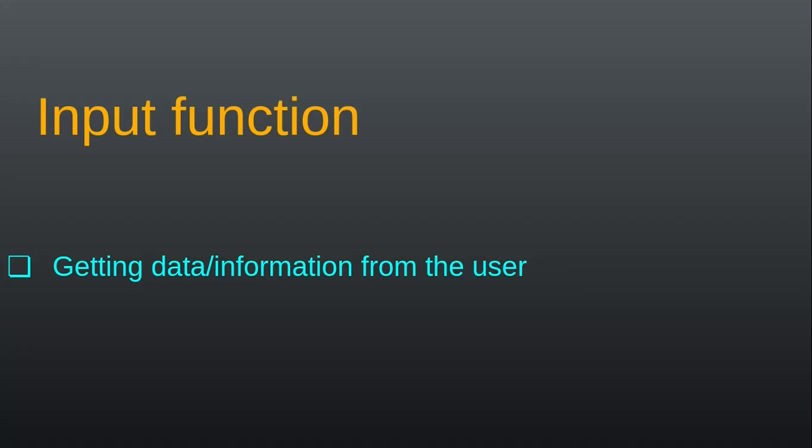And that information is sent to the computer. So the input function is going to accept that information sent via the keyboard, and it will store that information in the variable that it's assigned to.